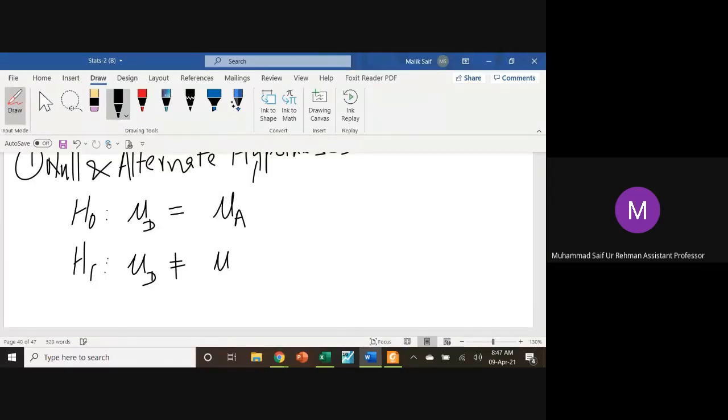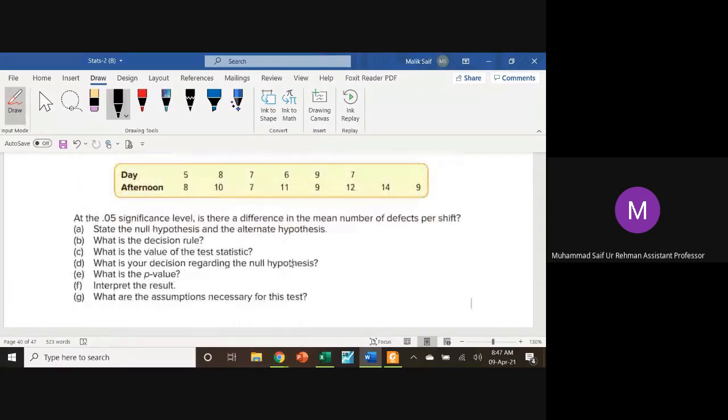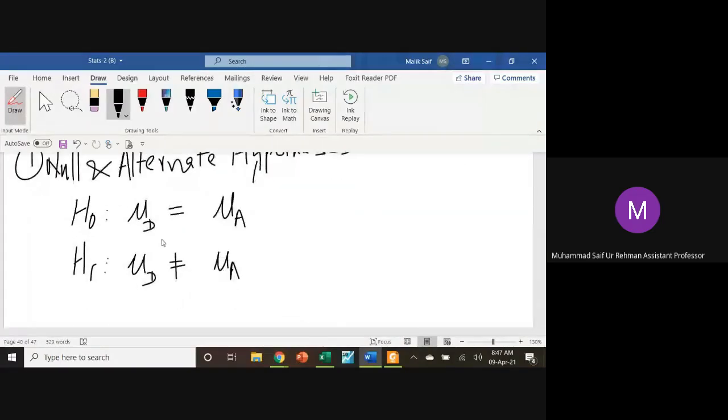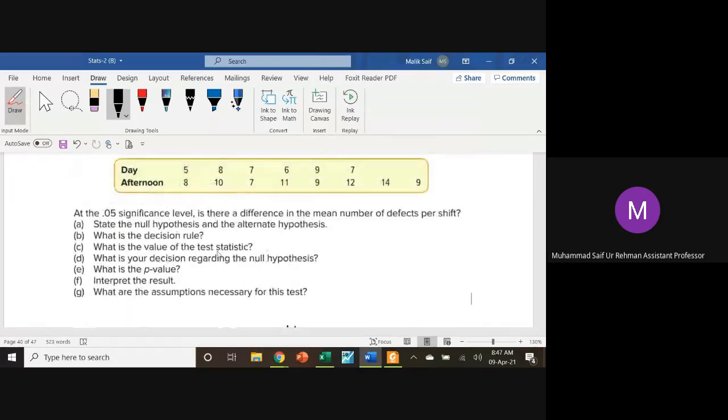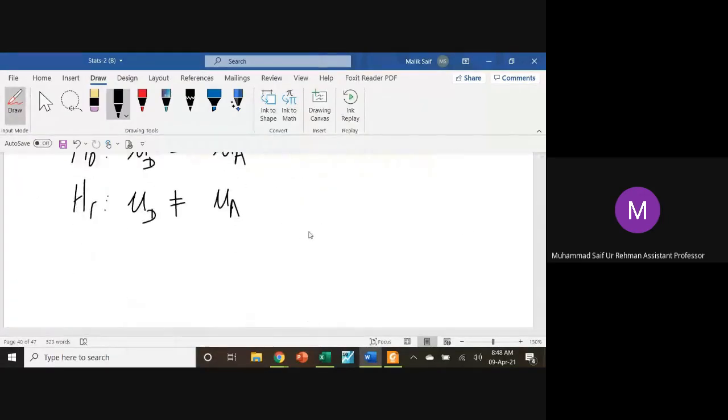Similarly, day shift and afternoon shift. So now it will be easy for you to take into account which sample you are using. Otherwise, you may give mu1, mu2, but D and A will help you in recognizing quickly which shift this is.